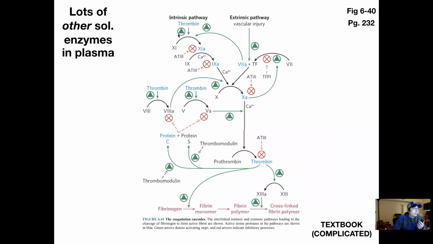If you look at your figure legend, this is actually figure 6-41 in your textbook, the coagulation cascade. The point I'm trying to make here is that there's lots of other soluble proteins and enzymes in plasma, not just fibrinogen.